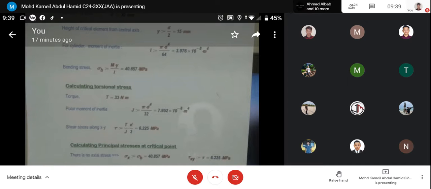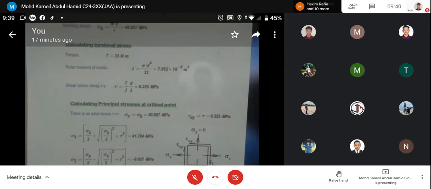Just substitute into the formula, 16, and the pi d to the 4 and 32 will cancel out. Then you will get tau equal to 6.225.